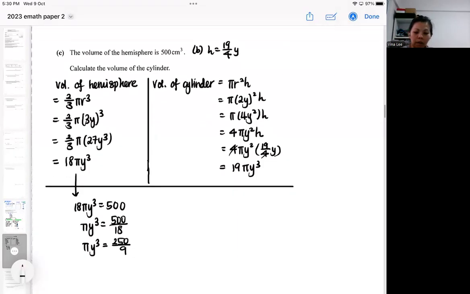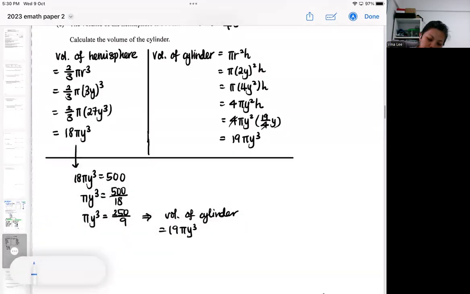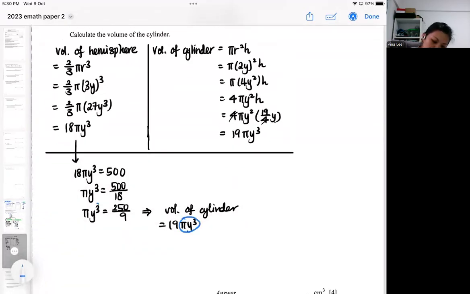So I'm just going to get until here first. Then in order to get the volume of the cylinder, which is equal to 19 pi y cubed, the whole pi y cubed is actually equivalent to 250 over 9. So you replace the pi y cubed with 250 over 9. And that's how you get the volume of the cylinder.